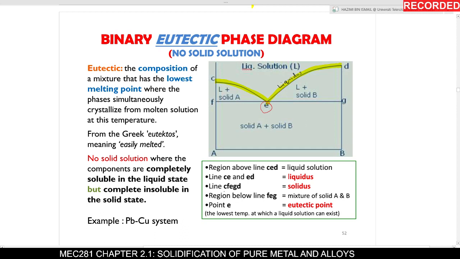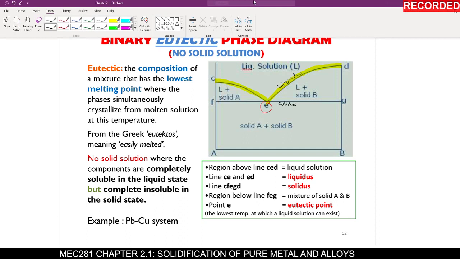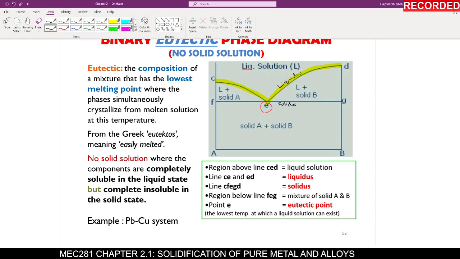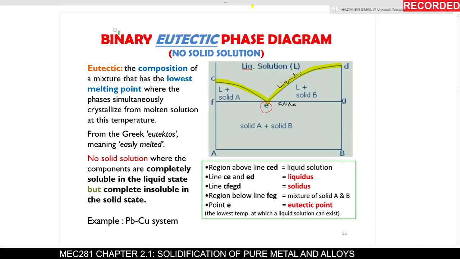And for C, F, E, G and D, all of these lines are the solidus line. What is the solidus? Solidus is the borderline where it is completely solid.